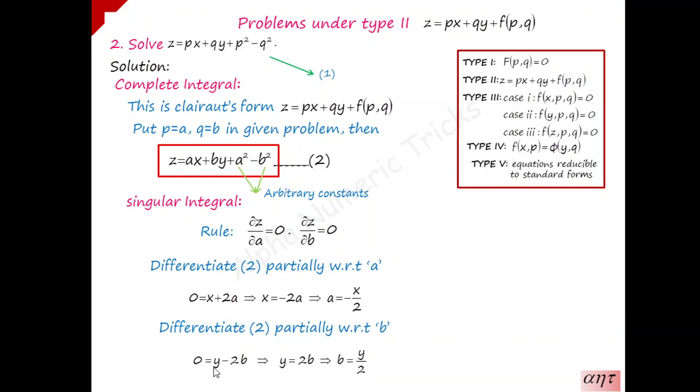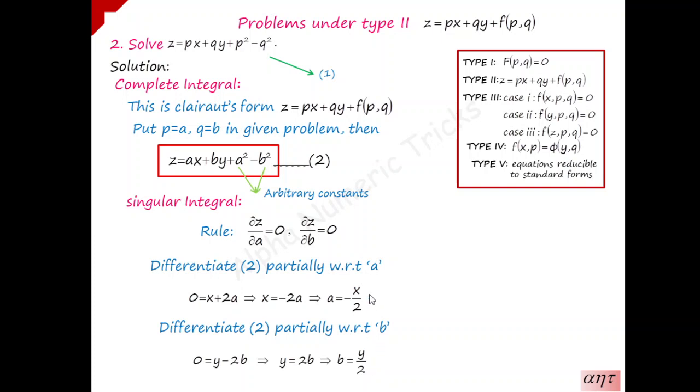After differentiating, you get y - 2b = 0. Taking -2b to the other side, it becomes 2b = y, and taking 2 to the left-hand side as the denominator, b is equal to y/2.